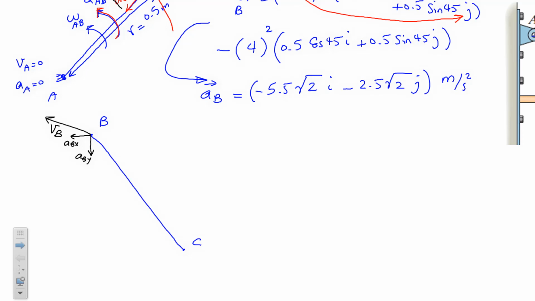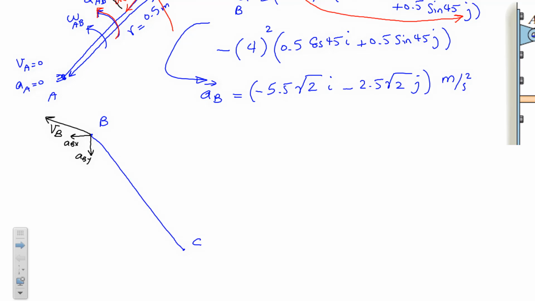I do not have any idea about the direction of alpha BC. I'm just considering it the same as omega BC for now. And then at the end, if I end up with a negative number, I can change the direction.